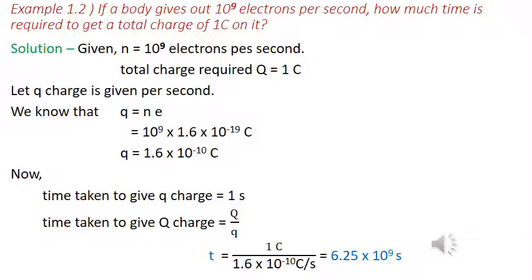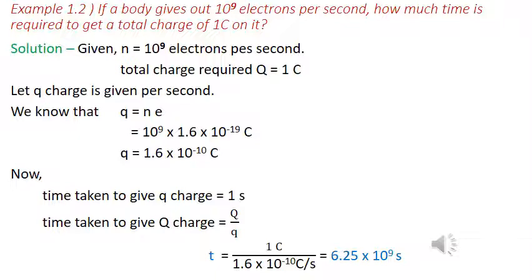Now, using unitary method, we can find out the time taken, as time taken to give q charge is equal to 1 second. Therefore, the time taken to give 1 coulomb charge is equal to 1 upon q.